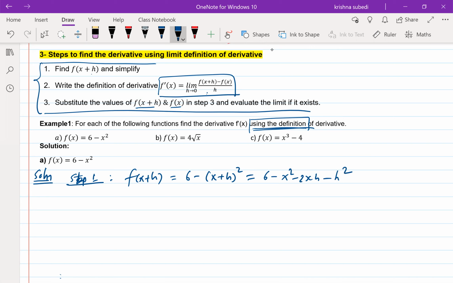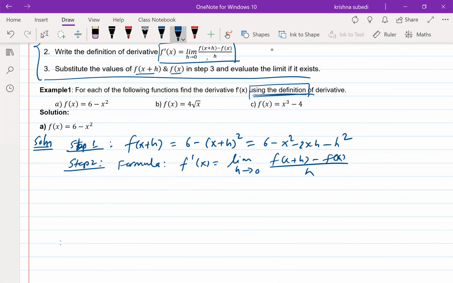So that will be this. Step 2, write the formula. The formula for the derivative is f prime of x equals the limit as h tends to 0 of f of x plus h minus f of x over h. That is the definition of the derivative.